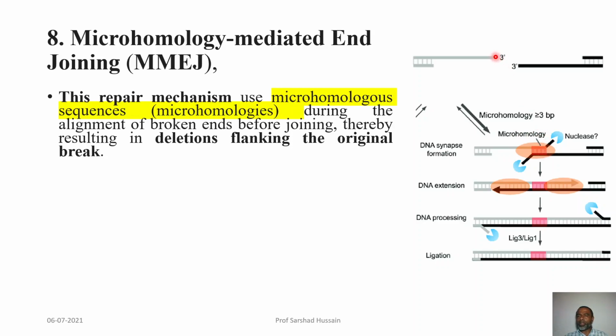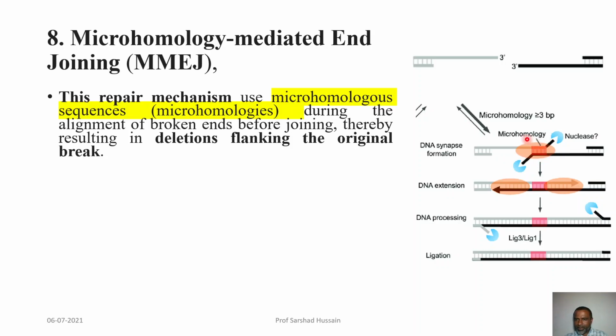Then the part present next to it, this segment which was not finding its complementary base because some deletion might have taken place, will be flapped. It will not be allowed to join with the other part. It will be flapped above with the help of a nuclease enzyme and will be removed.